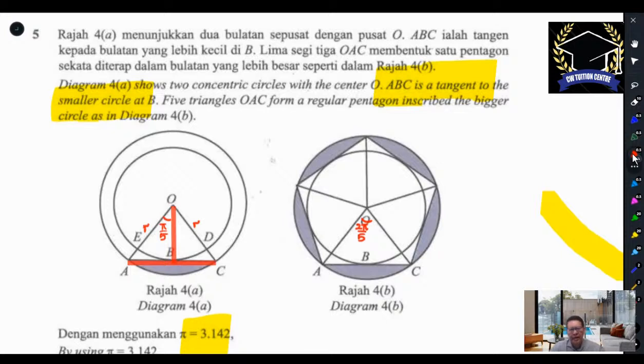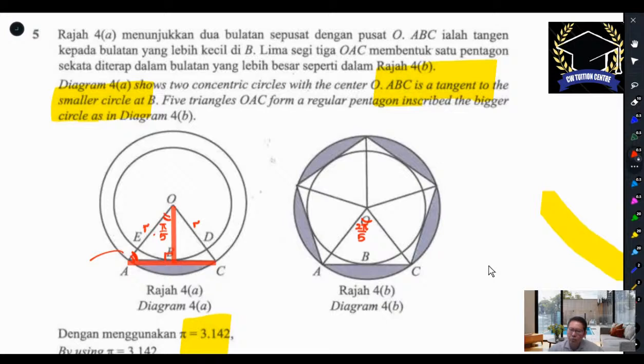Any other information that we can extract from here? Yeah, we can. If this angle is 90 degrees, so this one must be 90 degrees minus pi over 5. Yeah, I have the angle here.